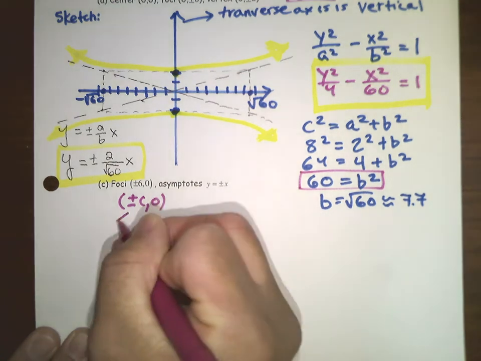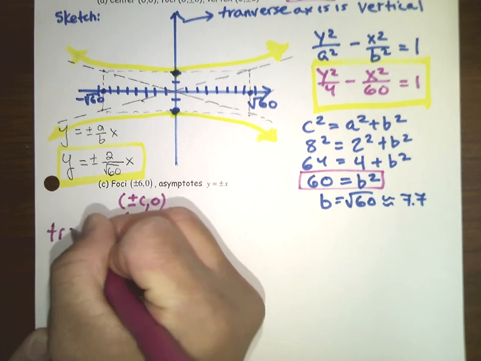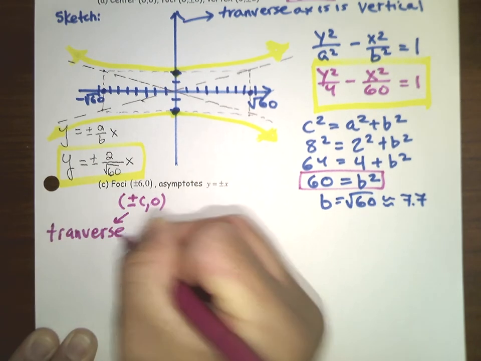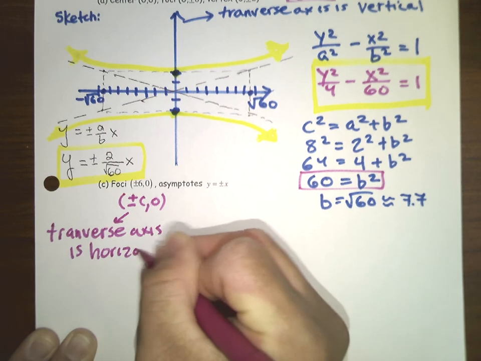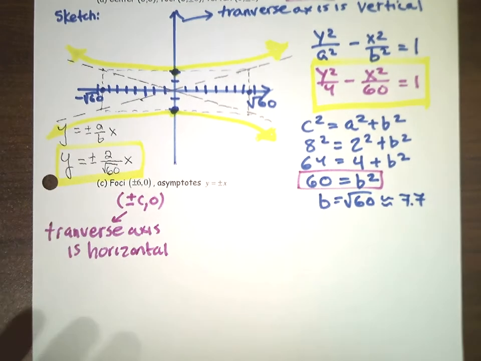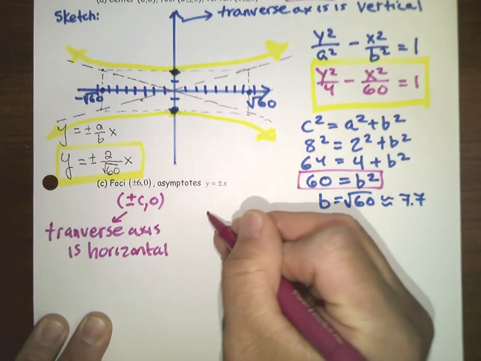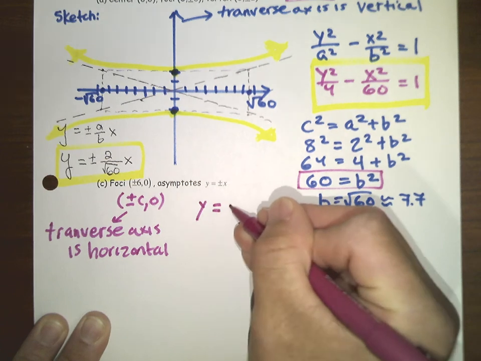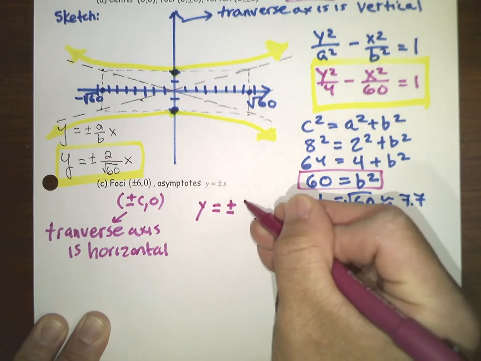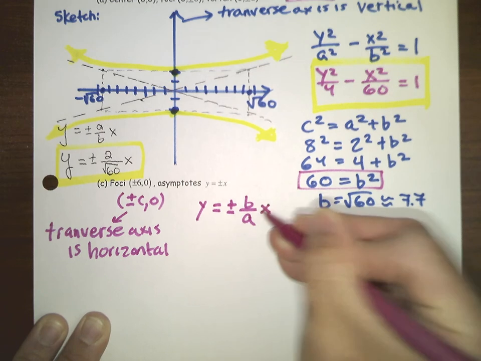All right, so c is equal to 6, and the transverse axis is going to be horizontal. And so when I have a horizontal transverse axis, I know that the asymptotes are y is equal to plus or minus b over a x.